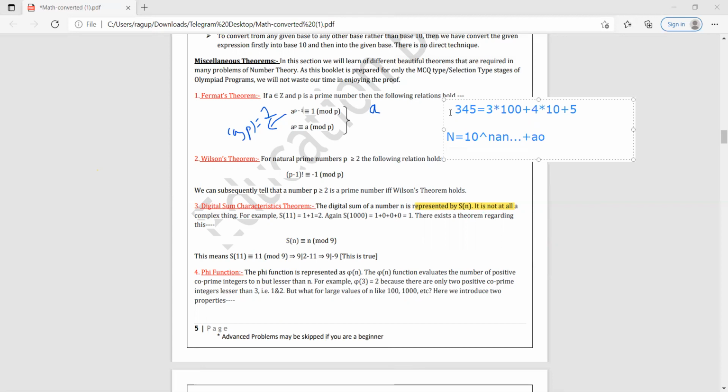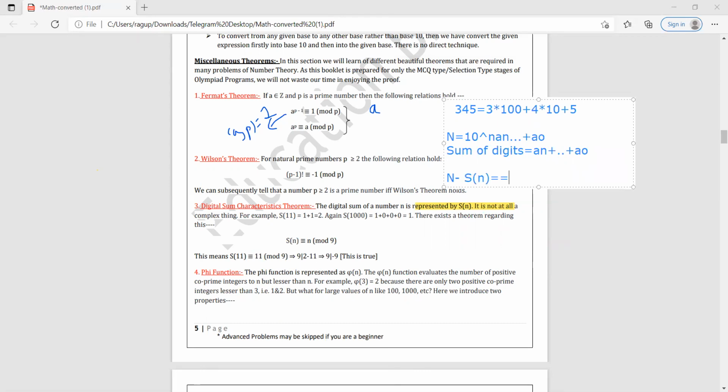So the sum of digits is a n dot dot dot plus a naught. We will denote the sum of digits of n by Sn.